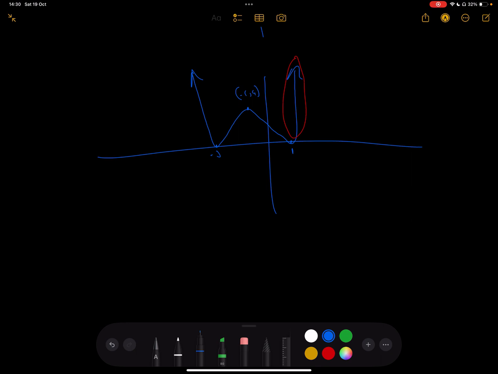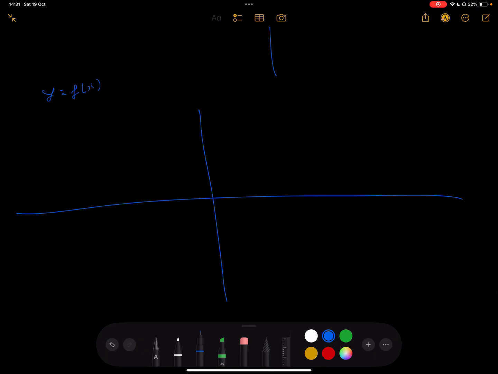Right. Now let's try to do another one. Let's try something a bit harder with an asymptote, so we can exercise that rule. So say we have the graph y is equal to f of x, and it looks something like this. So we have a vertical asymptote at x is equal to 2.